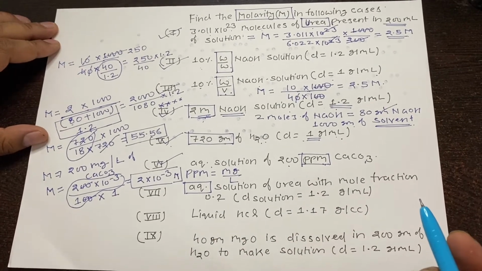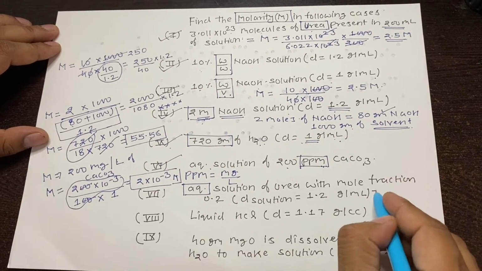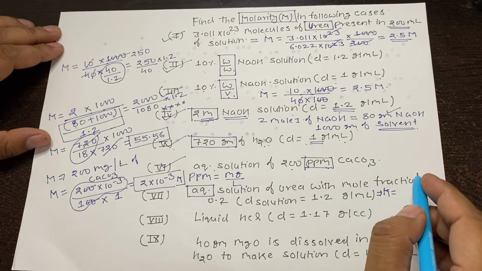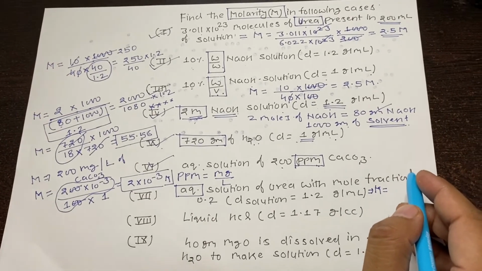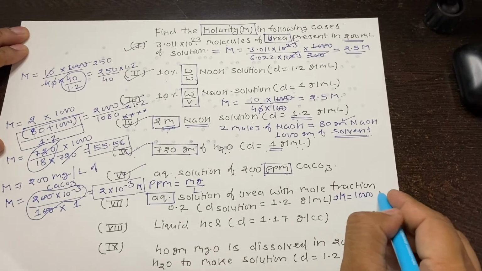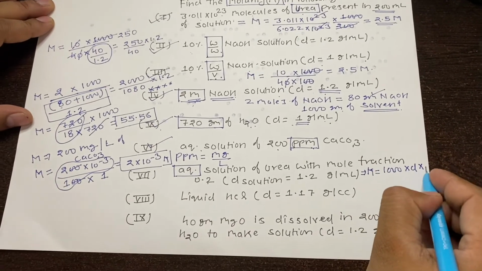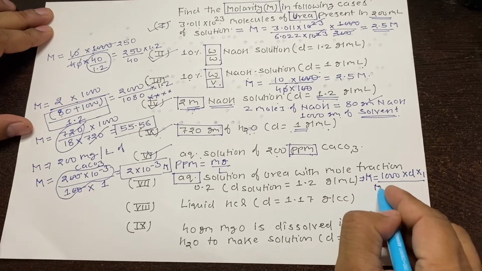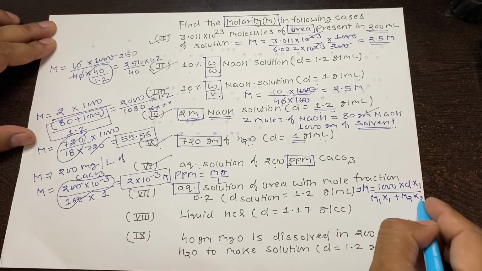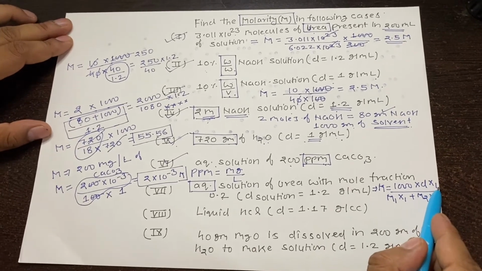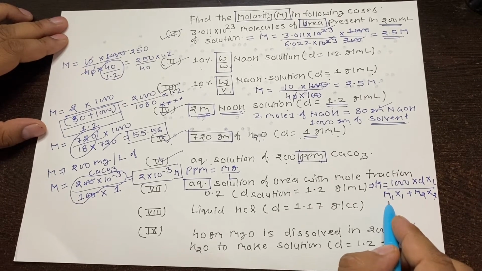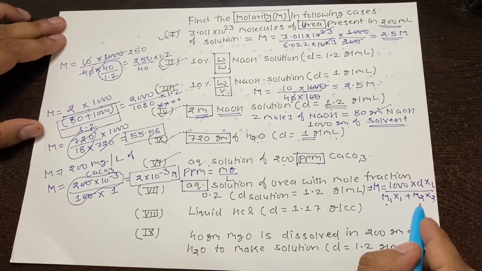So directly we can use the relation that capital M equals 1000 into D into chi1 divided by M1 chi1 plus M2 chi2, where chi1 is the mole fraction of solute, chi2 is the mole fraction of solvent, and M1 stands for the molecular mass of solute and M2 stands for the molecular mass of solvent.